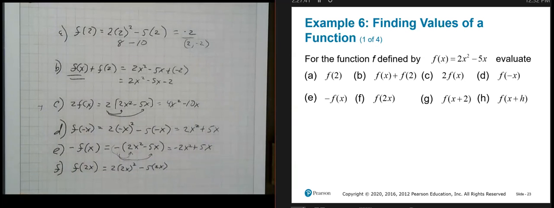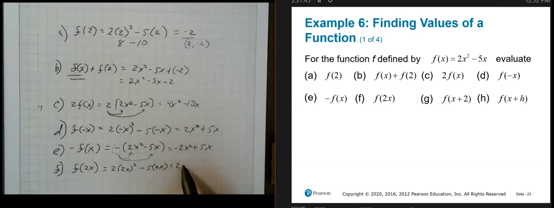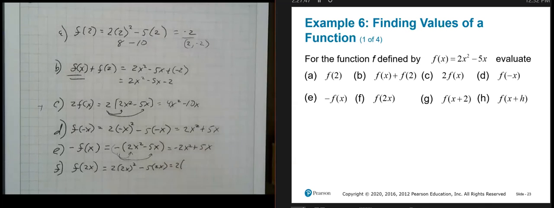Well, what's 2x squared? Can someone tell me what 2x squared is? 4x. Well, you forgot the square on the x, but yeah, 4x squared.